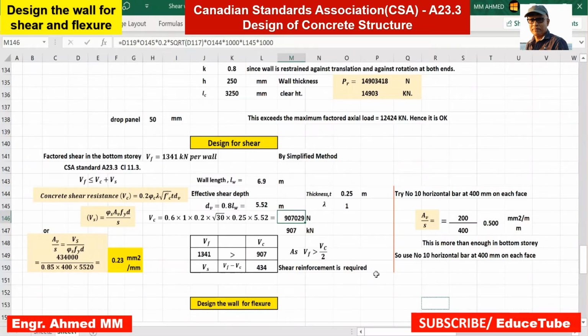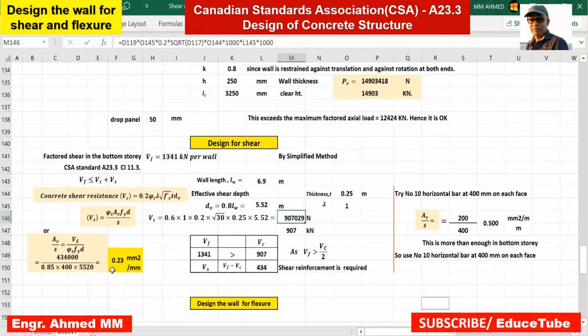So what we will do, we will try number 10 horizontal bar at 400 millimeter on each face. So this same ratio AV by S, AV means here 200 because it is on each face, so it will be on two faces. So 200 divided by S, which is 400, gives 0.5 millimeter square per millimeter.